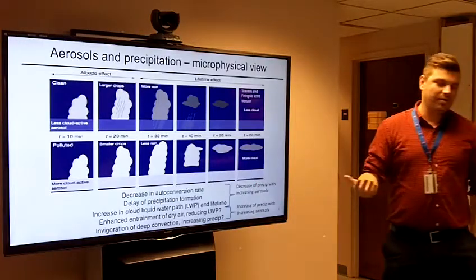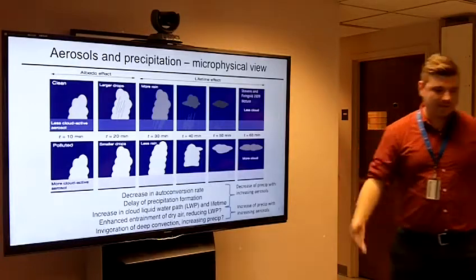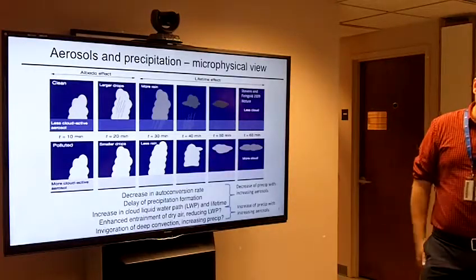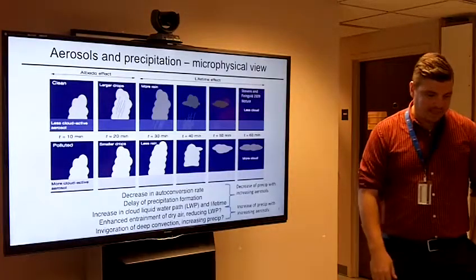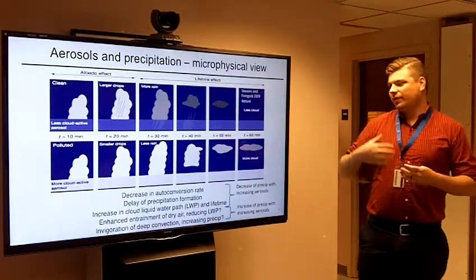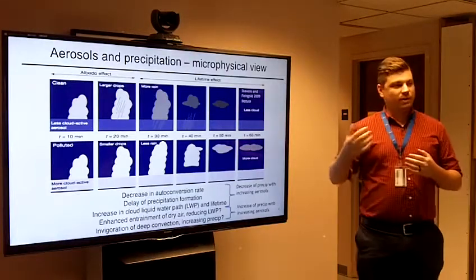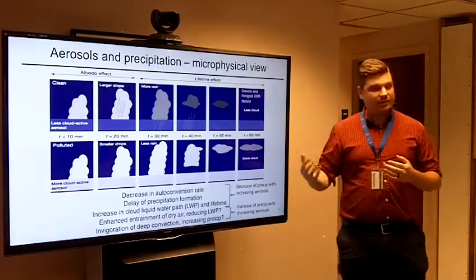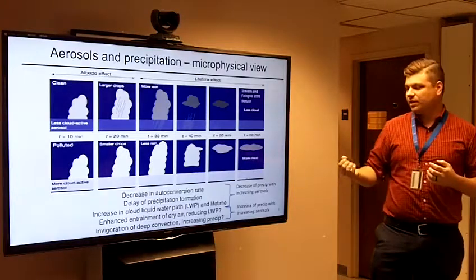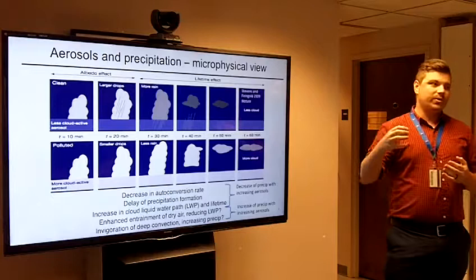This was put forward by Andy Ackerman, who's not here right now, but this is one of his main research topics. He saw that there's actually a competition between the more liquid water in the cloud that's coming from the suppressed precipitation, and drier air aloft.